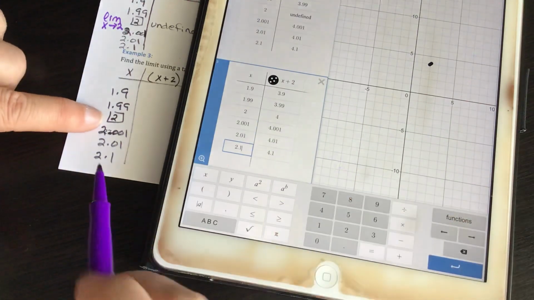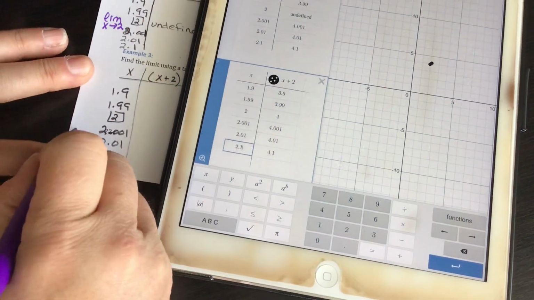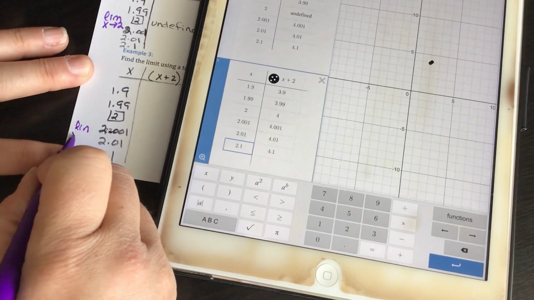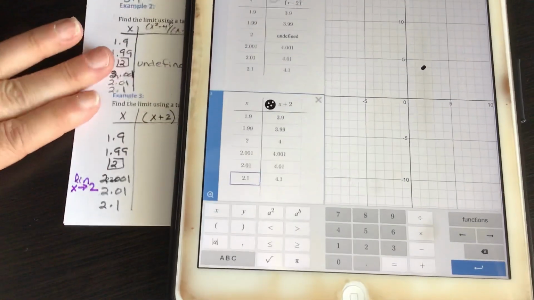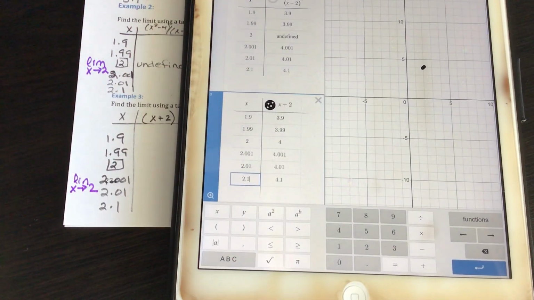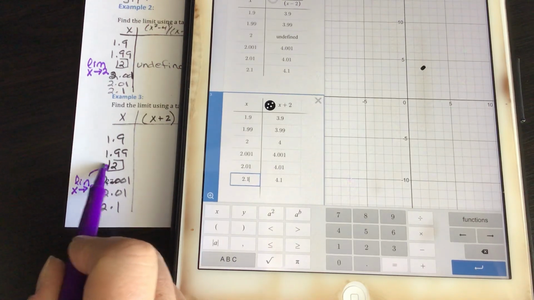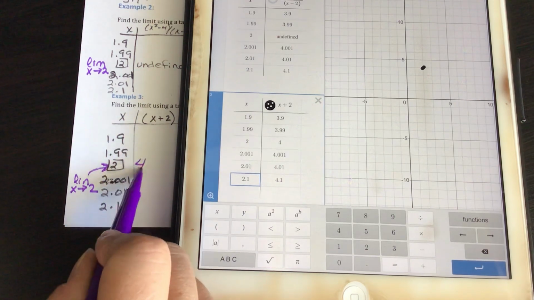Now, if I wanted to just find the limit of the function as x approaches 2, that's how I would say that. The limit of the function as x approaches 2. I can just plug in 2. 2 plus 2 is 4.